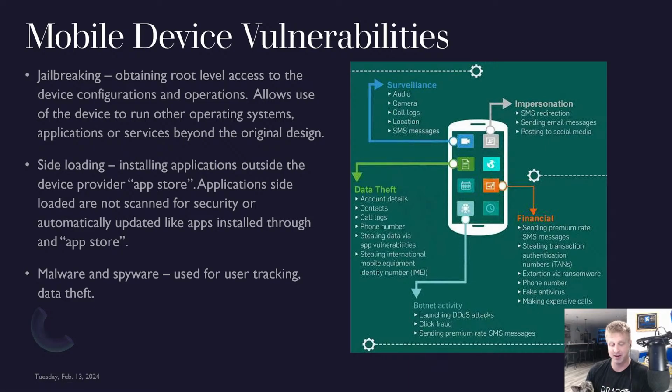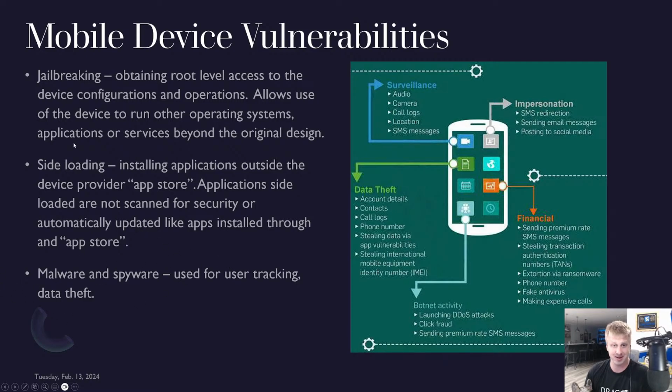But if I have something on there that's not approved, it'll actually give me a warning and say, hey, you need to check out this app. We don't know who installed it, and we don't recognize this. And then automatic updates: if it's somebody's homebrew application, you're not going to get automatic updates, and again, that introduces security flaws.